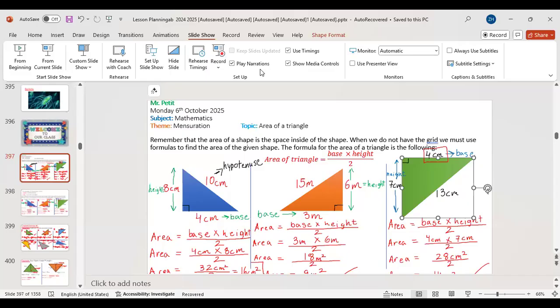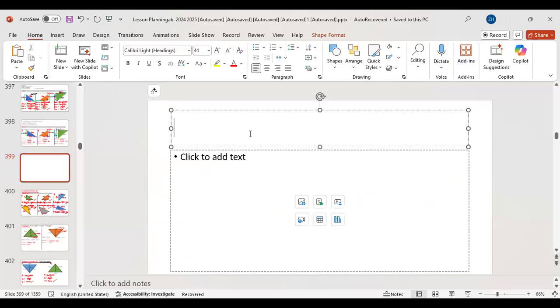Okay, so let's do this one. This one is very important for us because I don't want y'all just doing it without knowing what you're doing. So far we've been looking at right angle triangles.